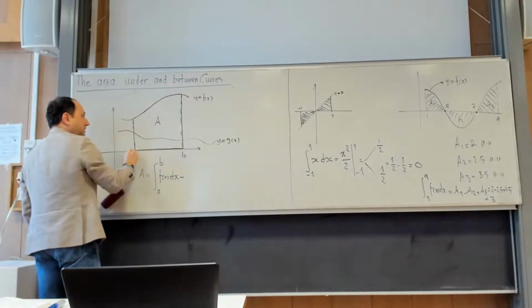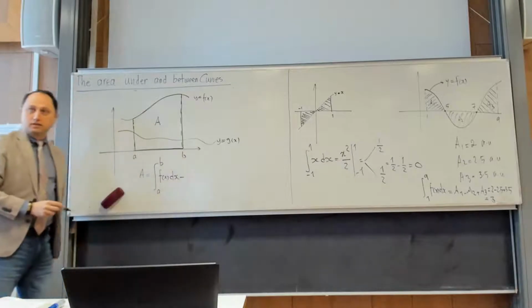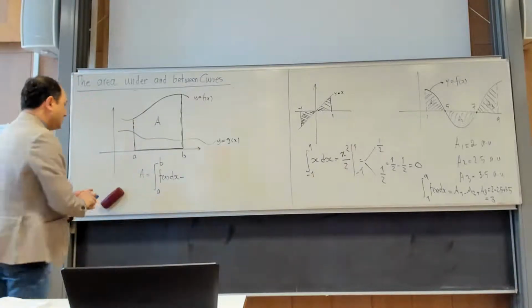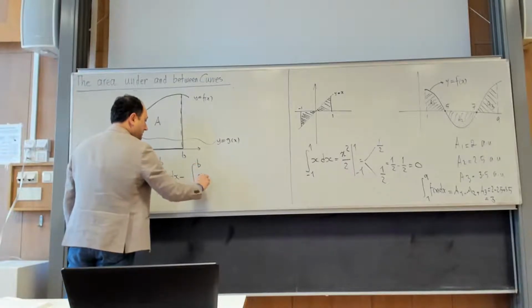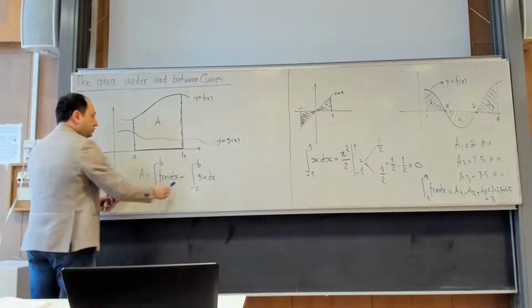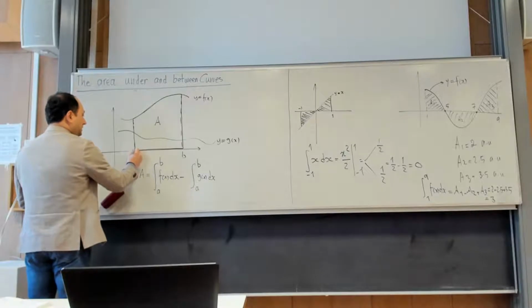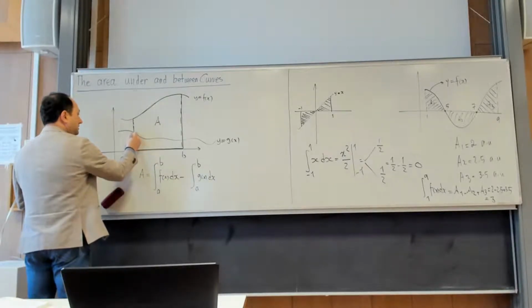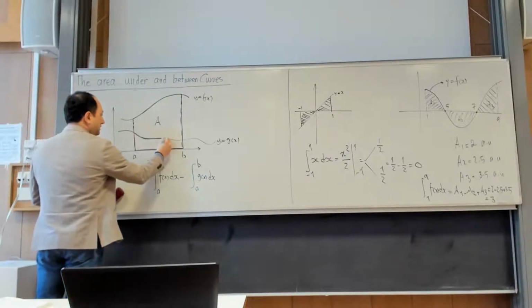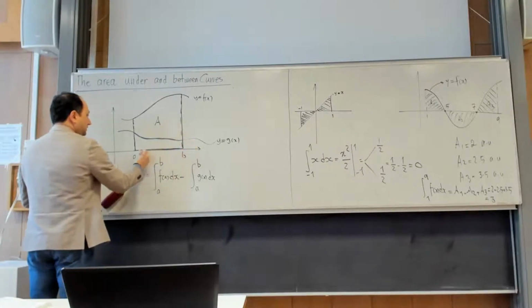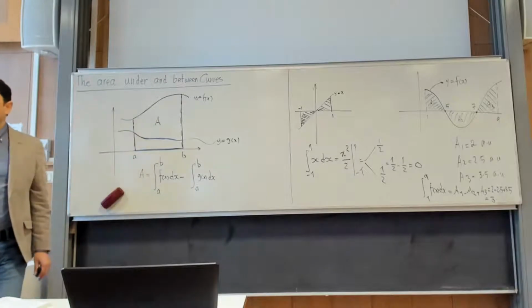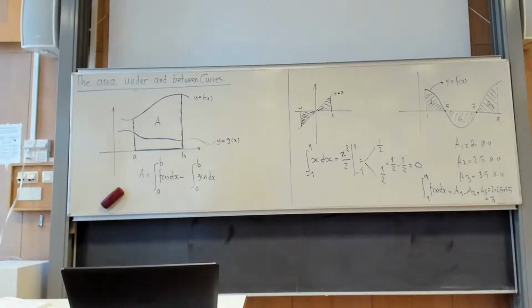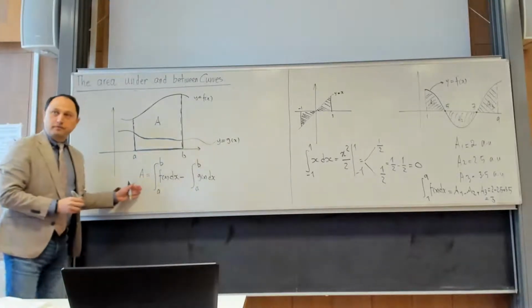If I calculate this integral from a to b of g of x dx, I am calculating this area. Let me just draw it parallel to it. It's clear that if I subtract these two, I will get my area, yes? So this is completely correct.